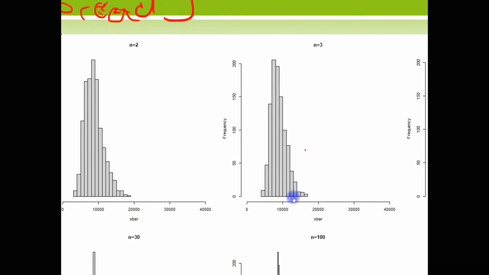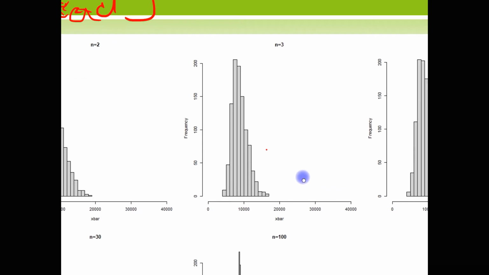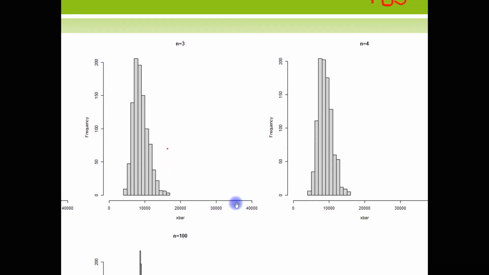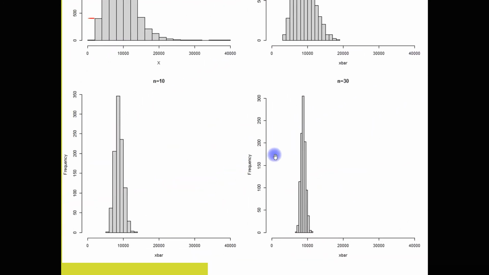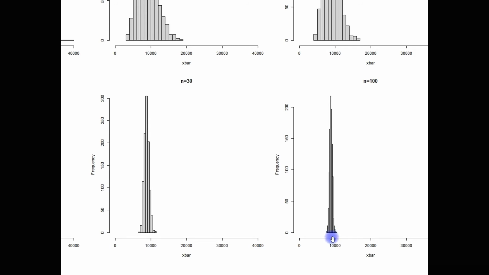It's not as if the distribution has moved to the right or has changed its location. No, it's still the same, irrespective of the sample size. The location is the same.